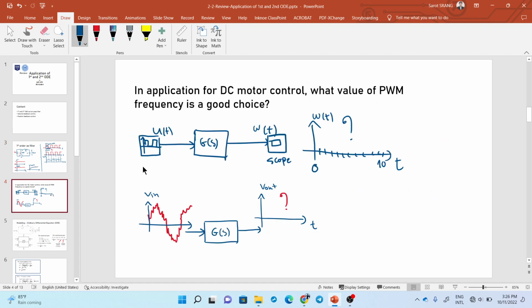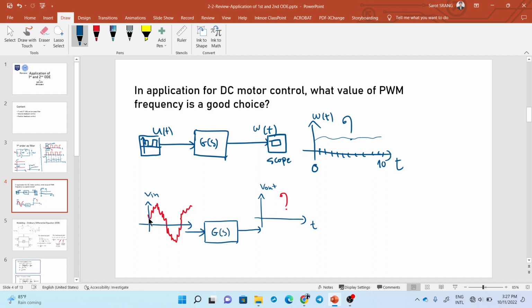Okay, another case. Okay, this one already explained. We have a pulse as input, and the output will look like, yeah, just like this, right? It depends on how. Okay. Another scenario is that you have a signal of the input corrupted by some noise.